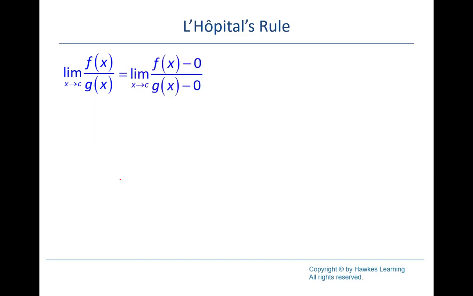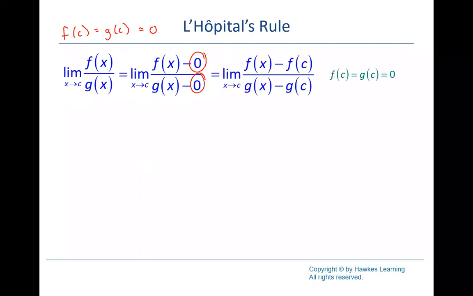I will subtract 0 from the top and the bottom. I haven't changed anything. But remember, we're assuming that f of c and g of c both equal 0, which means I can replace both of these zeros with f of c and g of c.